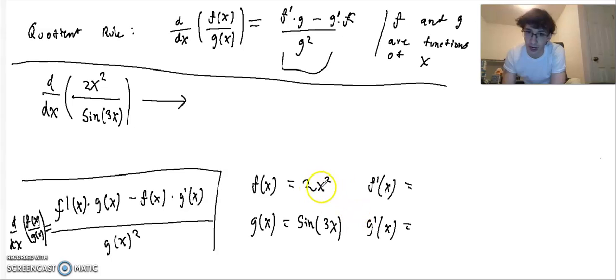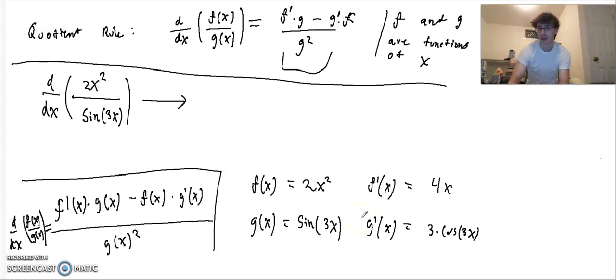And then we'll just find the derivatives of these. We get 4x, the power rule. And then this is just 3 times cosine of 3x. The derivative of sine of x is just cosine of x, and we have 3x, so there's a little bit of a chain rule. And now we just plug this stuff in.